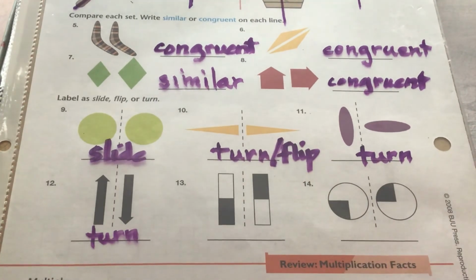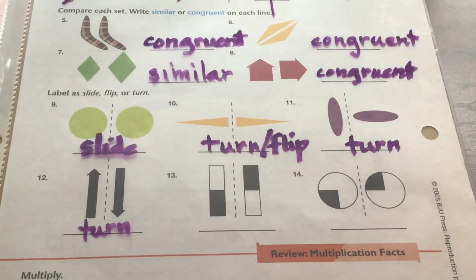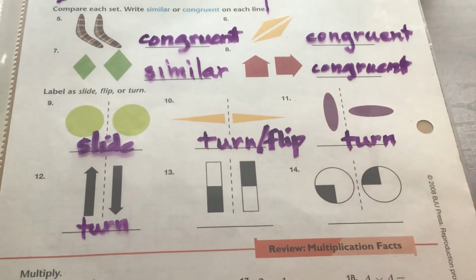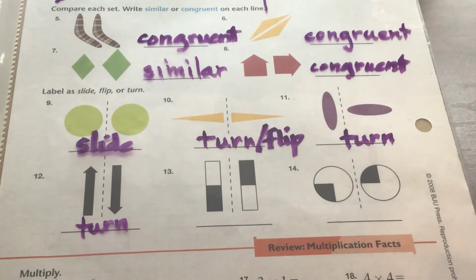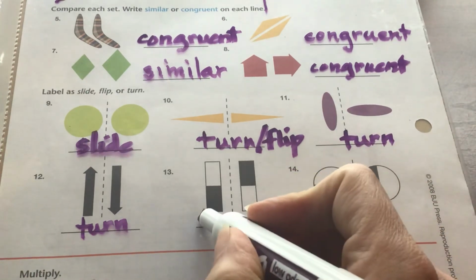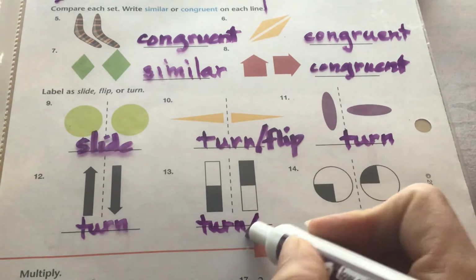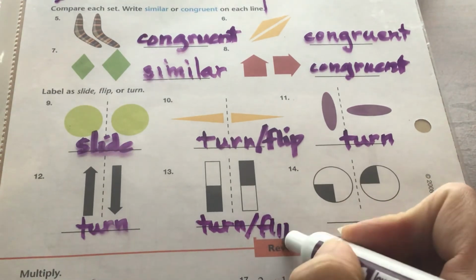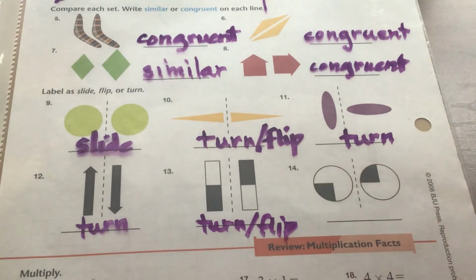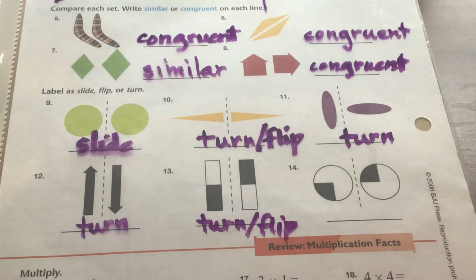And number 10, what did you get for number 10? Right? Again, maybe you said flip on one of these. They look like turns, but if you had a flip, you can see where maybe it was white on one side, black on the other.